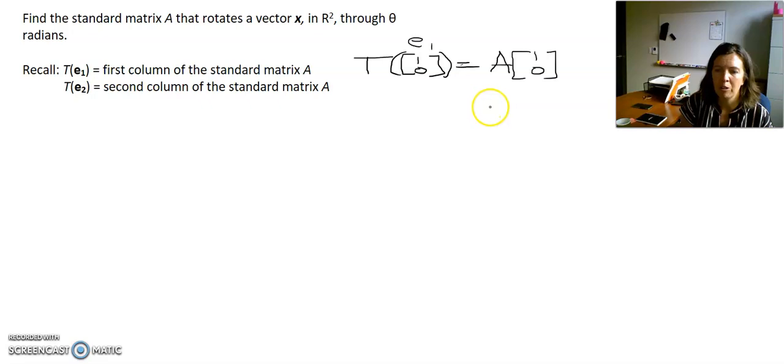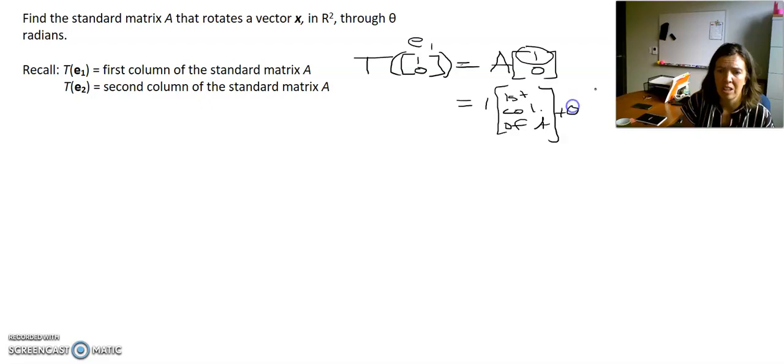Now, if you think about the way this matrix vector product is computed, you take the first entry, 1, times the first column of A. Then you do the next entry, 0, times the second column, which I'll call A2.